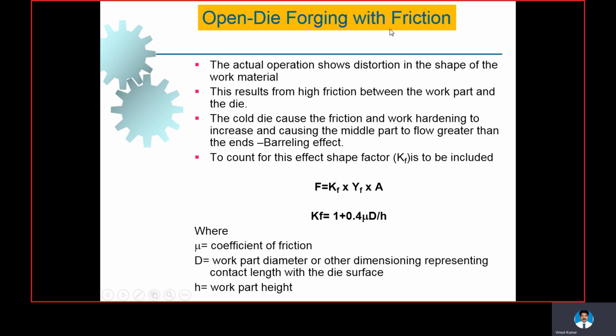But accounting for friction with the barreling effect, the shape has changed; there is a distortion in the shape. So we need to incorporate a factor called the shape factor into the equation. Force is equal to Kf, the shape factor, multiplied by stress times area, which will give you the resultant force applied during forging.